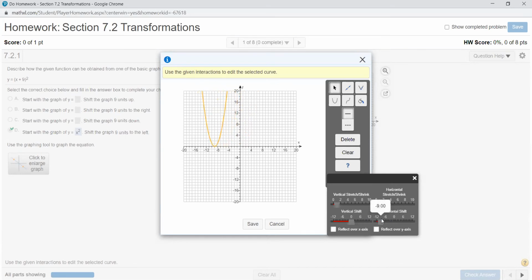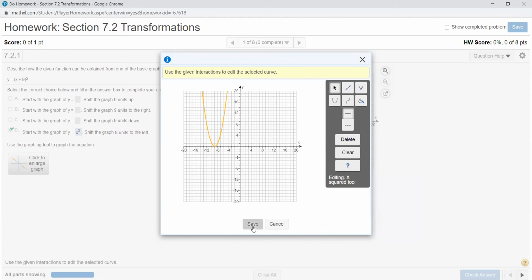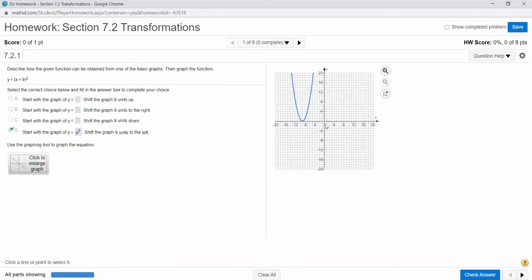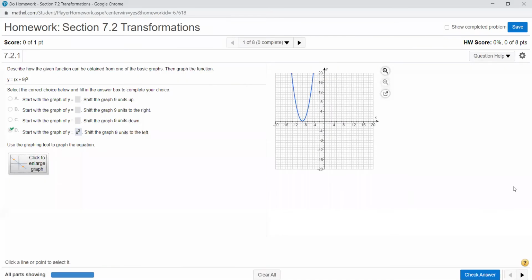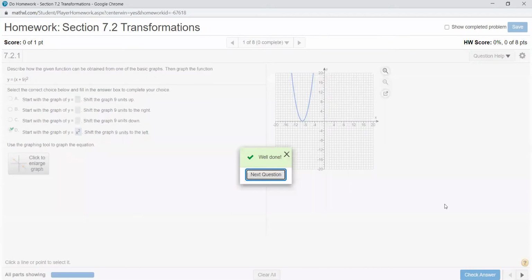All the way over to -9. And then save it. So again, you'll see that U shape, and then it's moved to the left 9, and then you'll check it. Oops, what did I do?